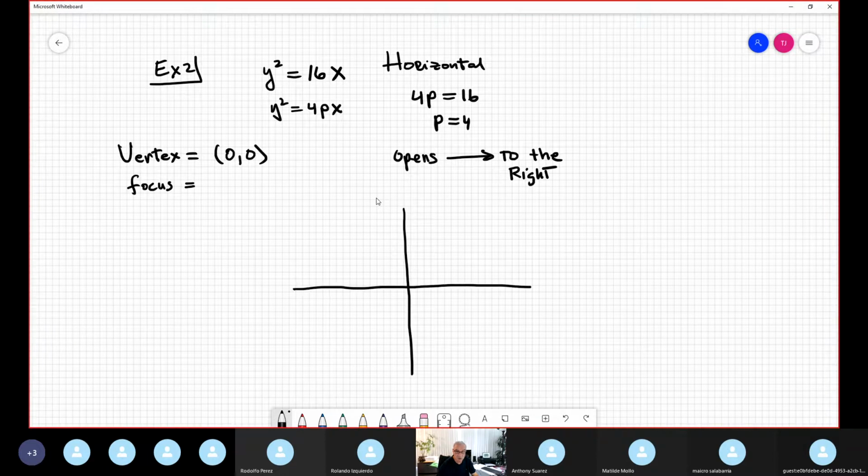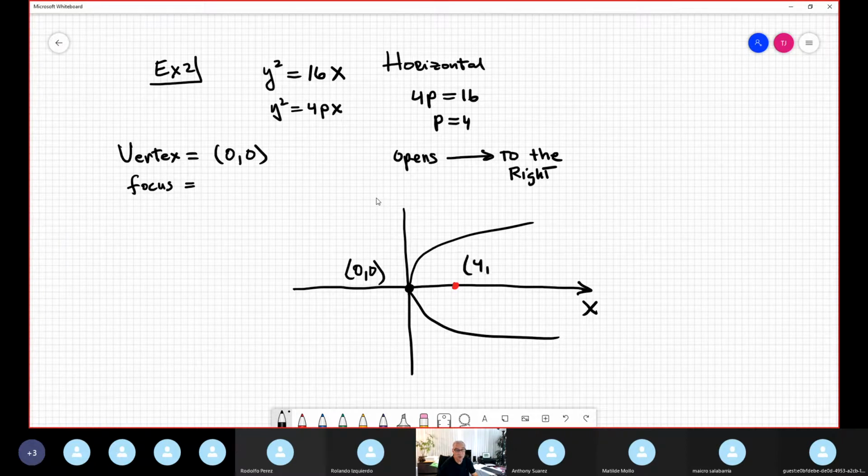Entonces now I know que my parabola, this is the vertex, and opens in that direction. And the focus is located here, obviously inside the parabola, and the distance is 4. See, this point is the point 0,0. This point would be 4,0.